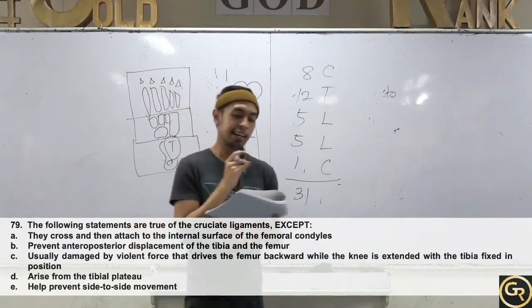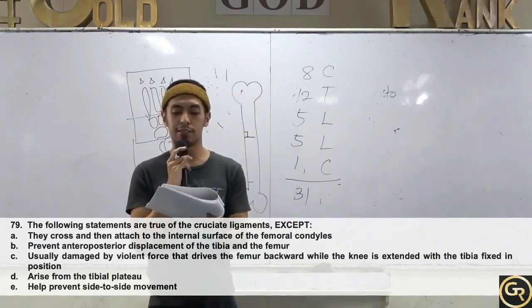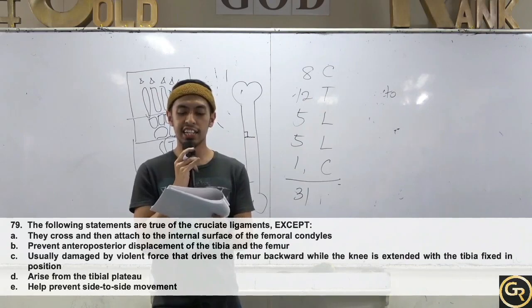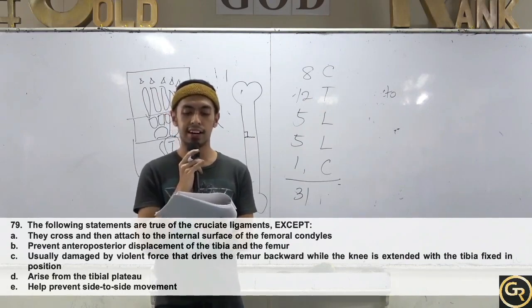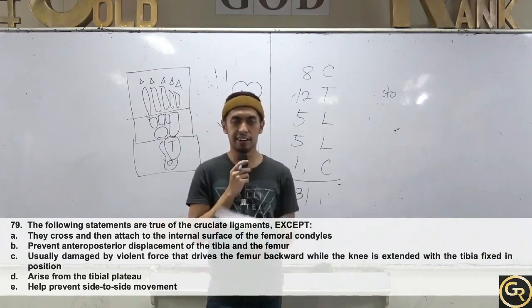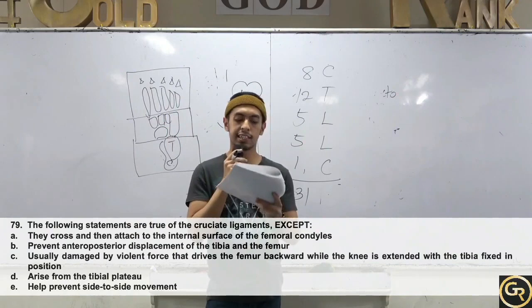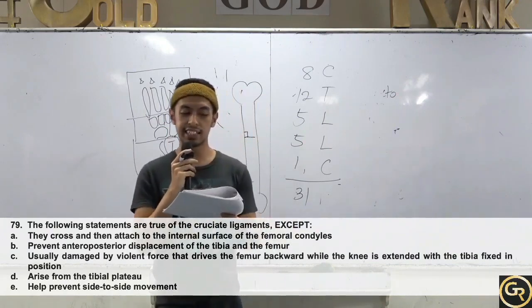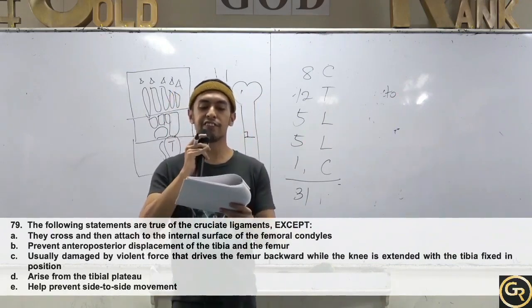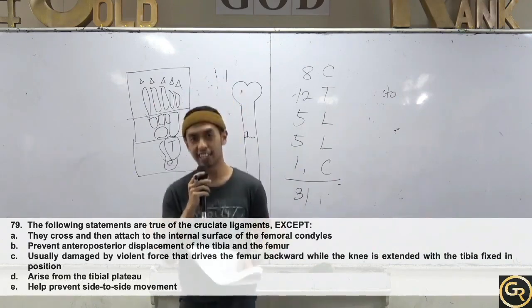Why? Because it says usually damaged by violent force that drives the femur backward while the knee is extended with the tibia fixed in position. The mechanism of injury for your cruciate ligaments is when the femur is driven backward while the knee is flexed.